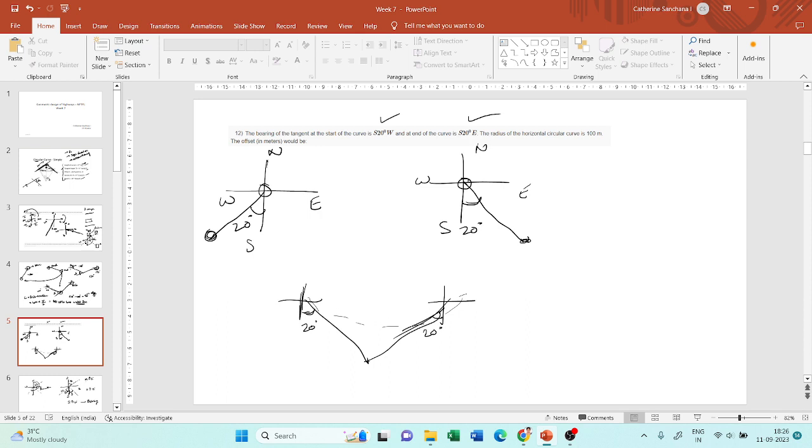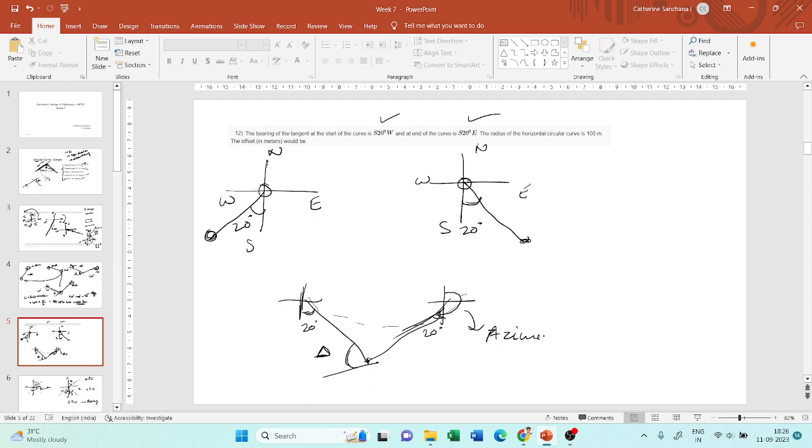In order to find out the deflection angle, which comes here at this inflection point, you have to find out the azimuth with respect to the bearing. Only then will it be easy for you, right? And how will you do that? First you have to find out the azimuth for this.